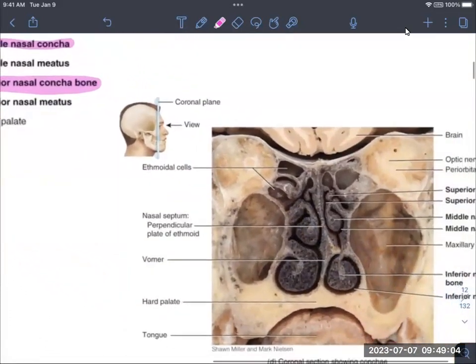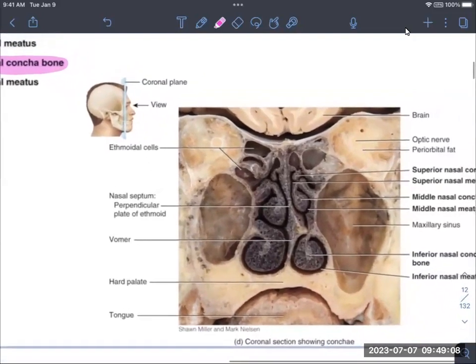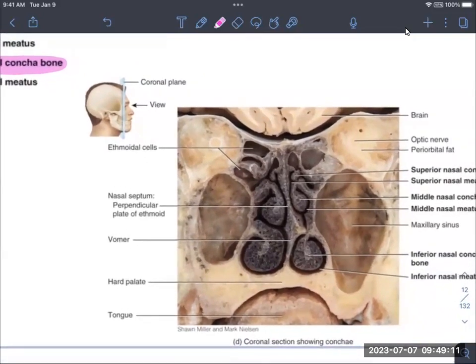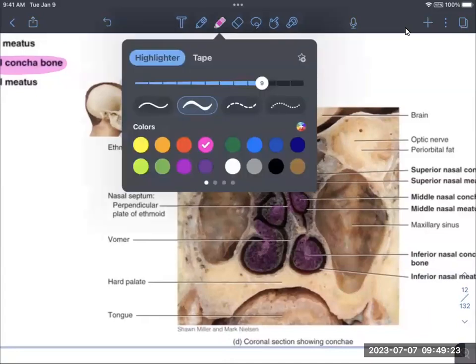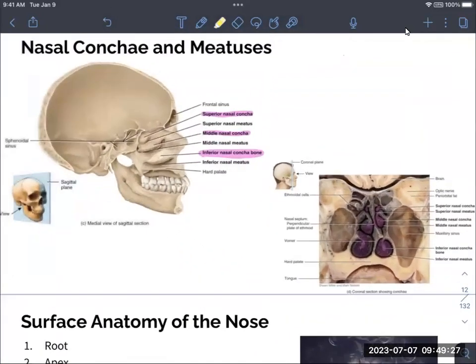You can see them through this frontal or coronal plane. You can see this nasal concha here that curls up and around, all of these different ones, and even the superior one up here. These are all different areas that air is going to circulate through to help warm the air that you breathe.